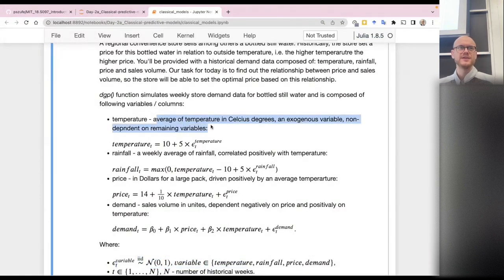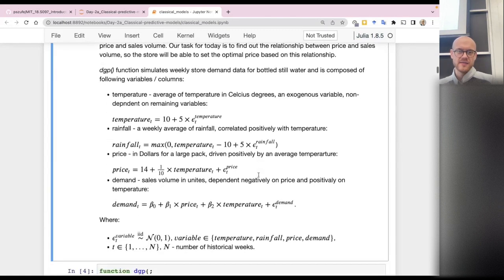I'm assuming here degrees Celsius. Then the second variable is the rainfall, and this is dependent on temperature. It is a non-linear function, a max function, dependent on the temperature. We will soon see visualizations of this data, but this is how rainfall is related to temperature.